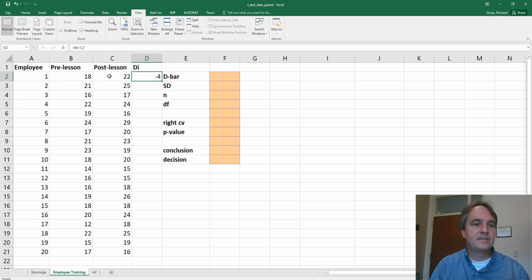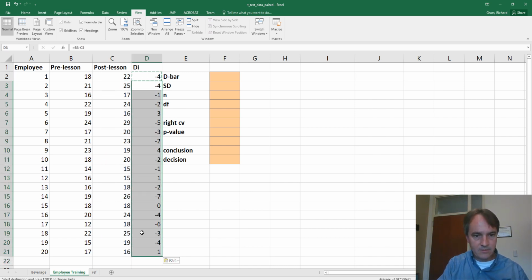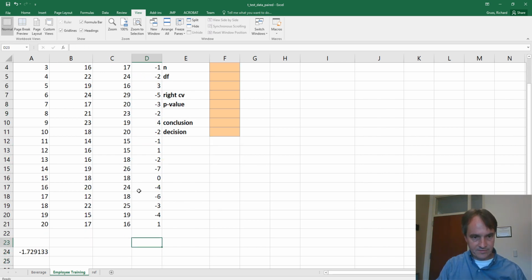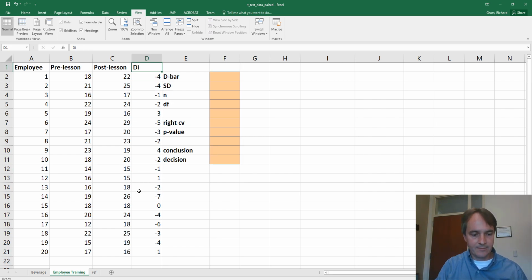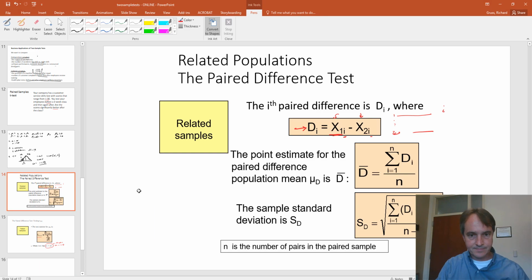What this is saying is that if we subtract the second one from the first one, a negative number means that the second score was higher. We can copy this and paste it down for all 20 rows. Most of them are negative, which means the second scores tended to be higher. So that's d sub i.